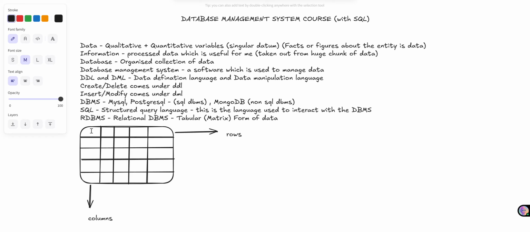In columns we have our data headings, and rows are also called tuples. So you can name here tuples. And columns consist of what data type, like ID, class, roll, and other things needed to explain here.